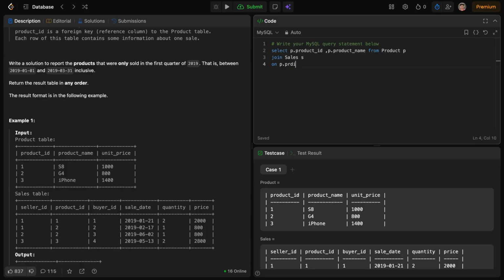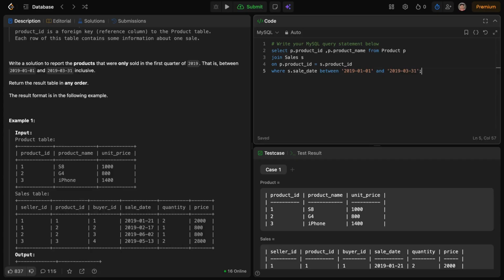On the product ID basis, p dot product ID equals s dot product ID. And now our condition is where s dot sale date between 1st Jan and 31st March.